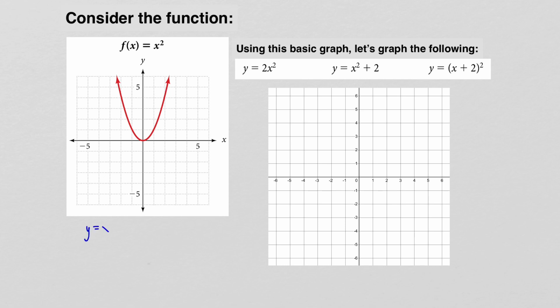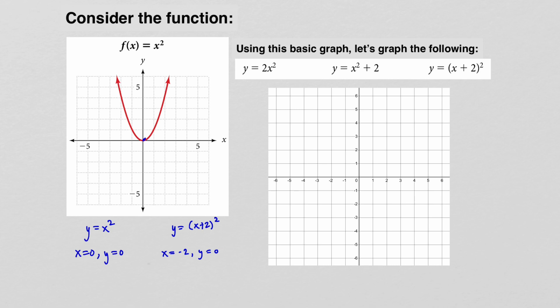On the original function, y equals x squared, if x is equal to 0, y is equal to 0. But on the equation y equals x plus 2 squared, what is the number x that we have to plug in here to make this equal 0? You should see that it's actually equal to -2, right? Because if we plug -2 in here, -2 plus 2 is 0, and then 0 squared will be 0.